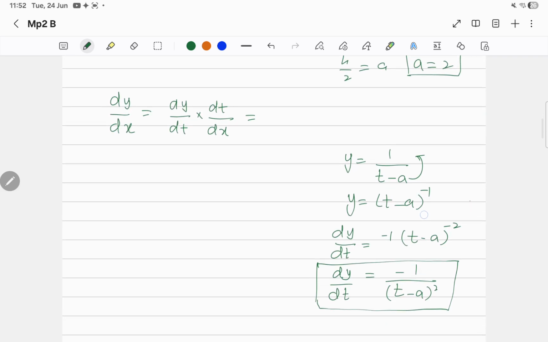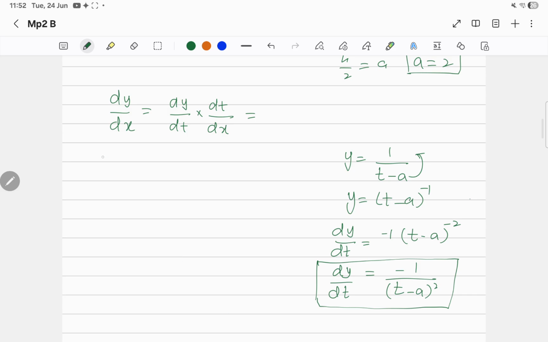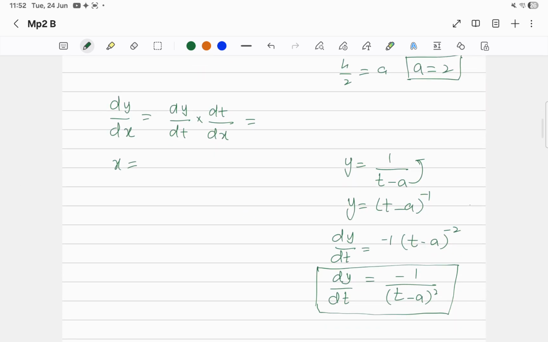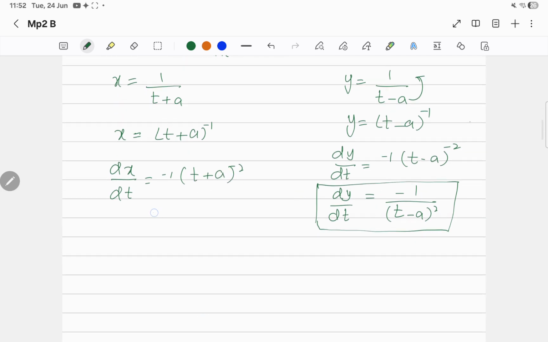Okay, now let's find dx over dt. Since x is 1 over t plus a, it can be written as t plus a to the power minus 1, and if you differentiate this with respect to t, it will be minus 1 again, take away 1 from the power, minus 2, and again if you bring this down to the denominator, it will be minus 1 over t plus a to the power 2.